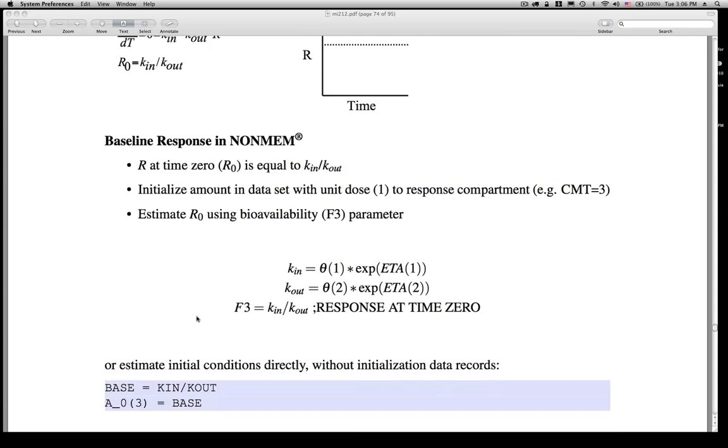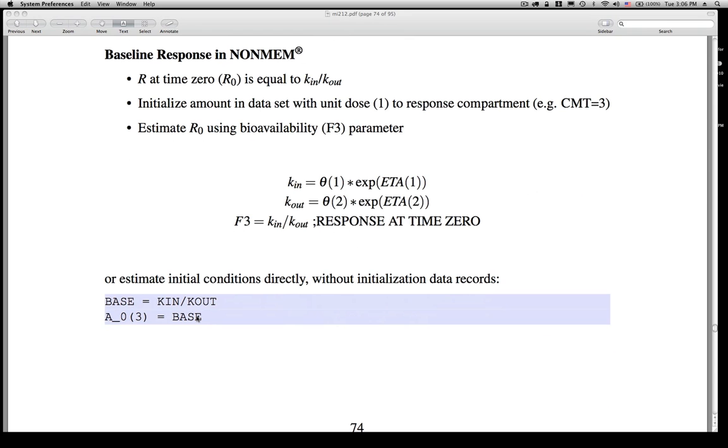Well, let's talk about how we implement a baseline response in NONMEM. There's a couple of ways to do it now, since NONMEM 6, but I'll teach you the old classic way, as well as a newer shortcut. So R at time 0, R0, is equal to the ratio of Kin to Kout. We just explained that. What we could do then is set the initial conditions for the differential equation compartment.